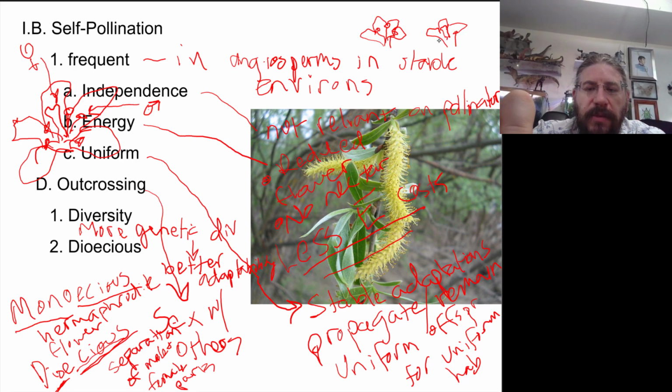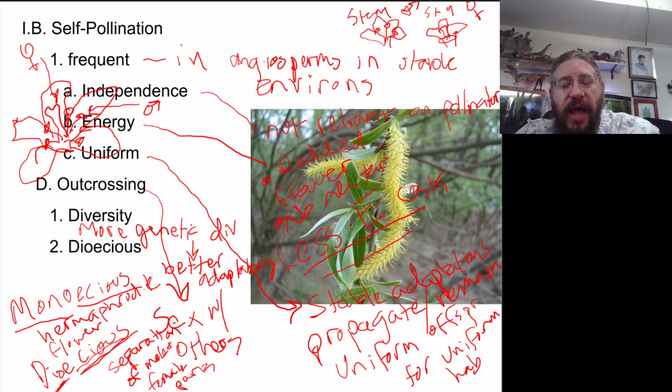I should have said stamen. Anyway, so this would be your male flower, and this would be your female flower. So we have a stigma, and we have a stamen. So that's a way to be dioecious.